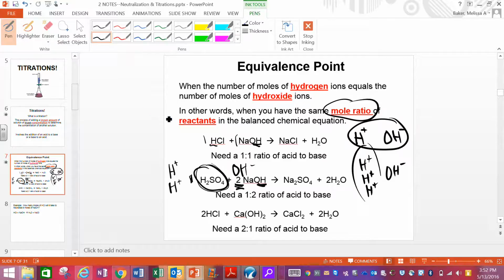So you need twice as many molecules of NaOH to really neutralize that acid. Okay, it can work the other way too. Let's say we've got 2 moles worth of hydrochloric acid. That is going to perfectly cancel out 1 mole's worth of Ca(OH)2 because there's 2 hydroxides for every 1 mole's worth of that molecule.